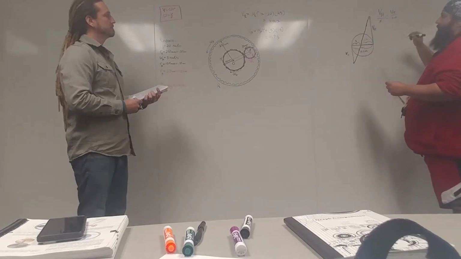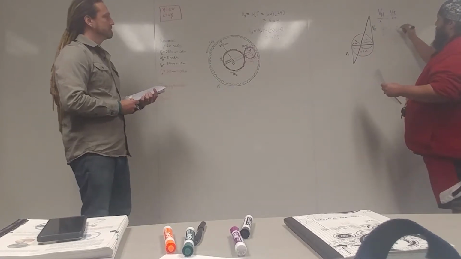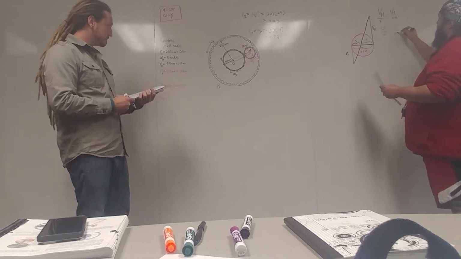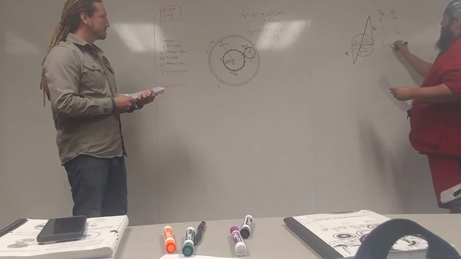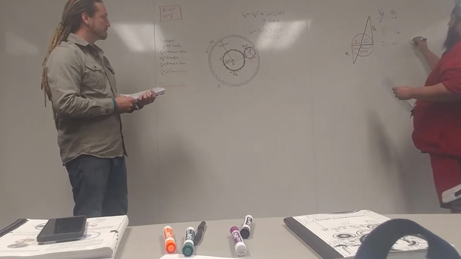And then plugging in our numbers, we have 0.75 over x equals 5 over 0.1 minus x. Cross multiply gives us 5x equals 0.75 times 0.1 minus x.